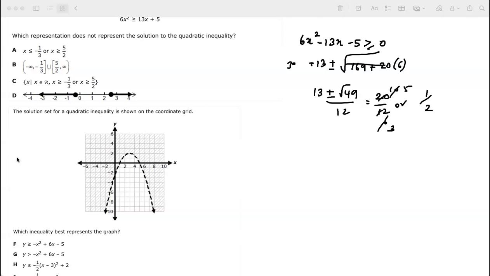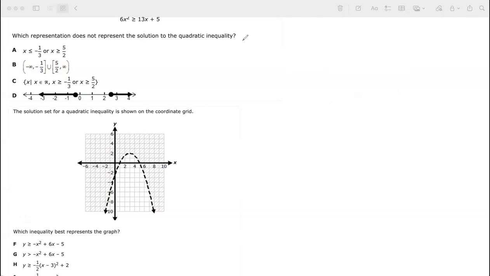What is going on, guys? Let me solve it properly. I'll slow down. 6x square minus 13x minus 5 is greater than or equal to 0. If you got it, you can leave. If you want to really listen and make sure you got it right, you can wait.